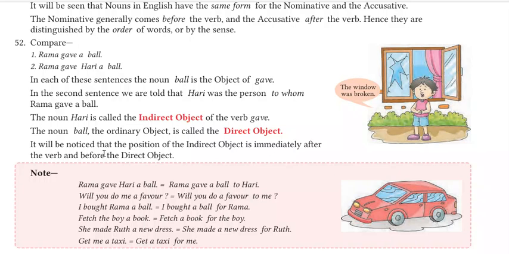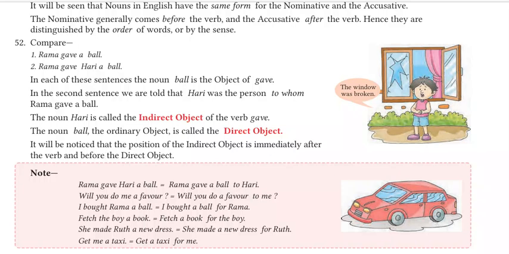In simple words, whatever receives the action of the verb is called the direct object. The direct object is receiving the action of the verb, while the indirect object is not receiving any action.